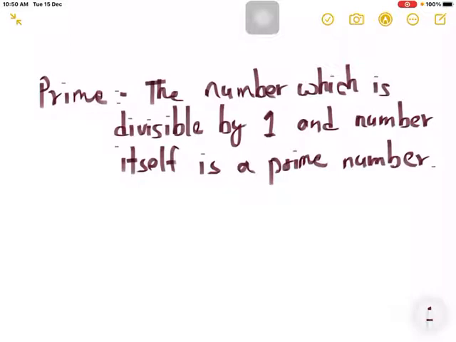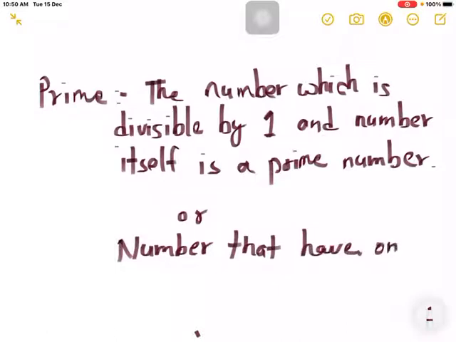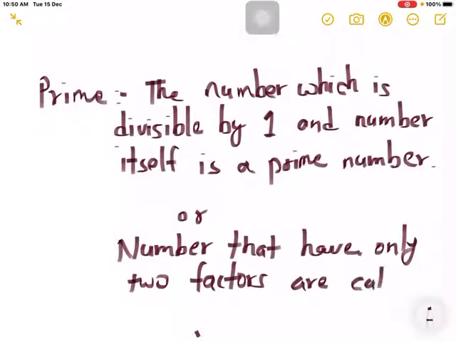We can say that numbers that have only two factors. Also we can say, numbers that have only two factors. How many factors? Two factors are called prime numbers.